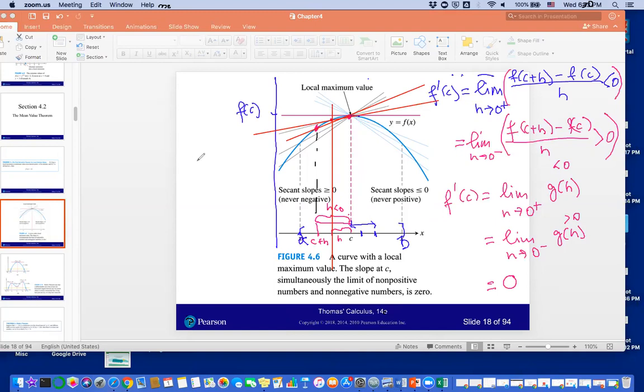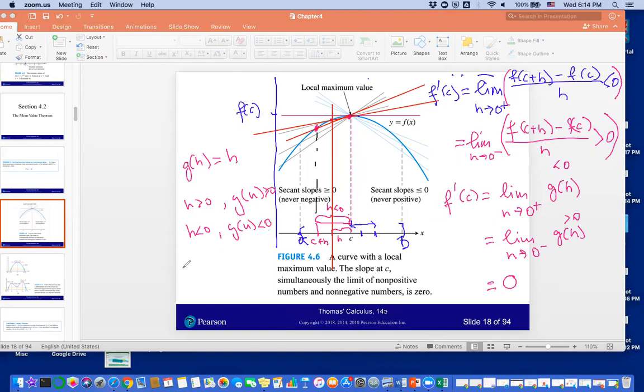Okay, here's an example for you. If g of h is simply equal to h, then when h is greater than 0, g of h is also greater than 0. When h is negative, g of h is also negative.